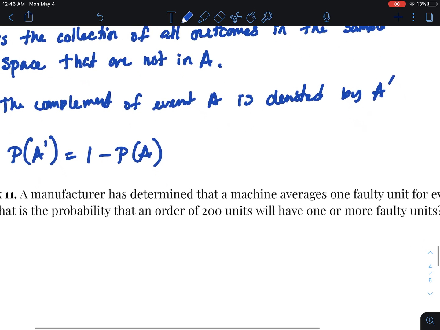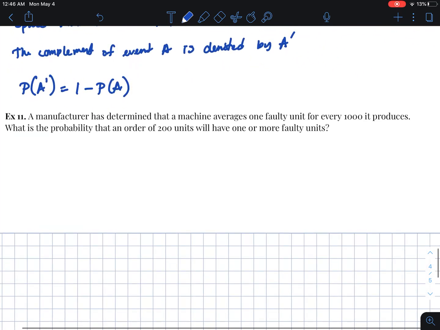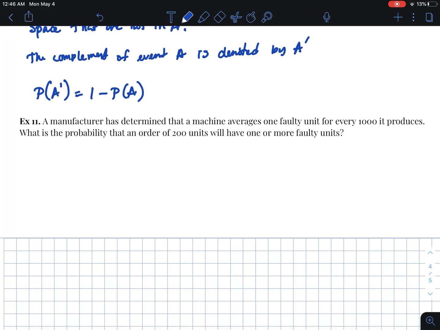Okay, so either we find the probability of A, or we can find this complement. All right, let's take a look at this. A manufacturer determined that a machine averages one faulty unit for every 1,000 it produces. What is the probability that an order of 200 units will have one or more faulty units? So we're looking for an event where it's one or more.